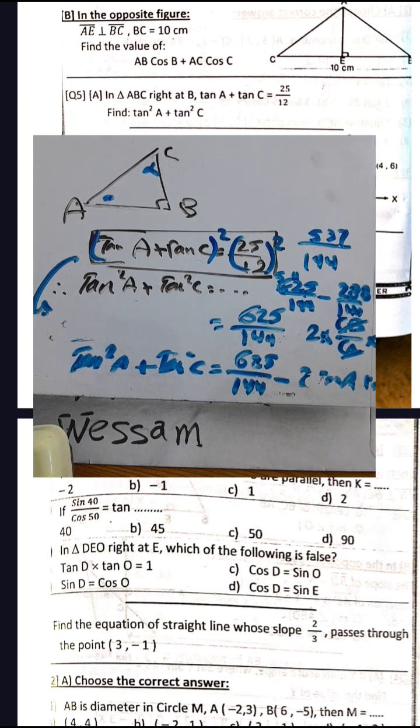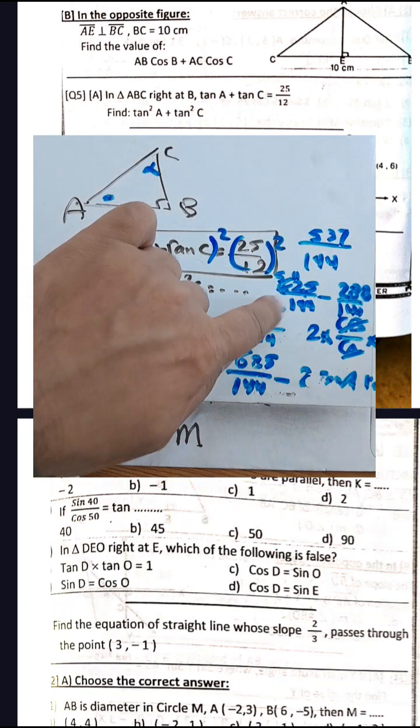Okay, that is the result for this example. You must use this rule here: write this number, subtract 2, this number squared minus 2.